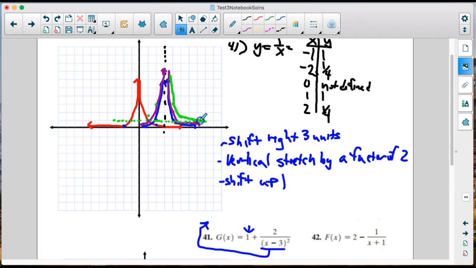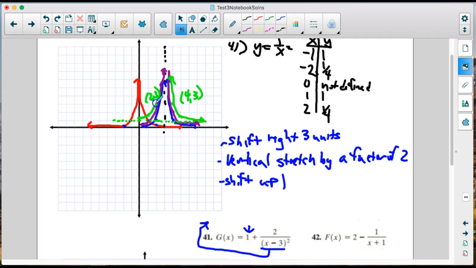Okay, our 2 points that we would want to remember here are 4, 3 and 2, 3, the whole values on the graph.